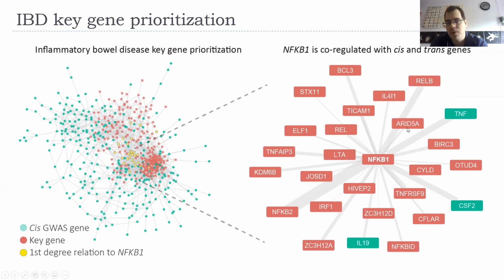And if we highlight one, one of the top core genes that we predict for inflammatory bowel disease is NF-κB1, which is actually a known driver gene of IBD, but it's not found within the GWAS. So it's very nice that we can indirectly find this gene back. And it has a direct, strong co-expression with a few genes within the cis loci, which are in green here, like TNF and CSF2, but also with a whole bunch of other genes that are predicted to be important in IBD development.